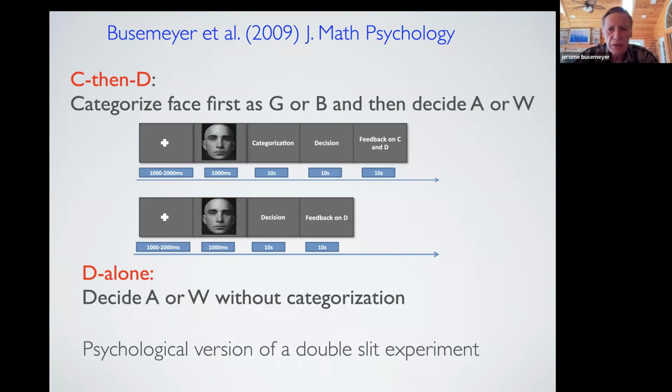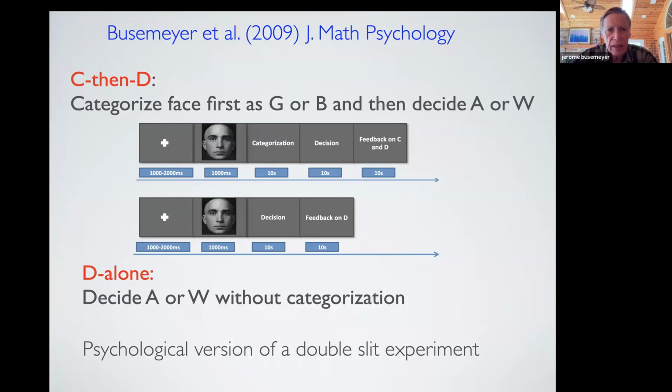But we had two conditions in this experiment. In one condition, on some trials, subjects were first asked to categorize the face as good or bad, and then decide whether they wanted to attack or withdraw, and then they were given feedback. On another kind of trial, we call it the decision alone trial, they just decided whether they wanted to attack or withdraw without making any categorization.